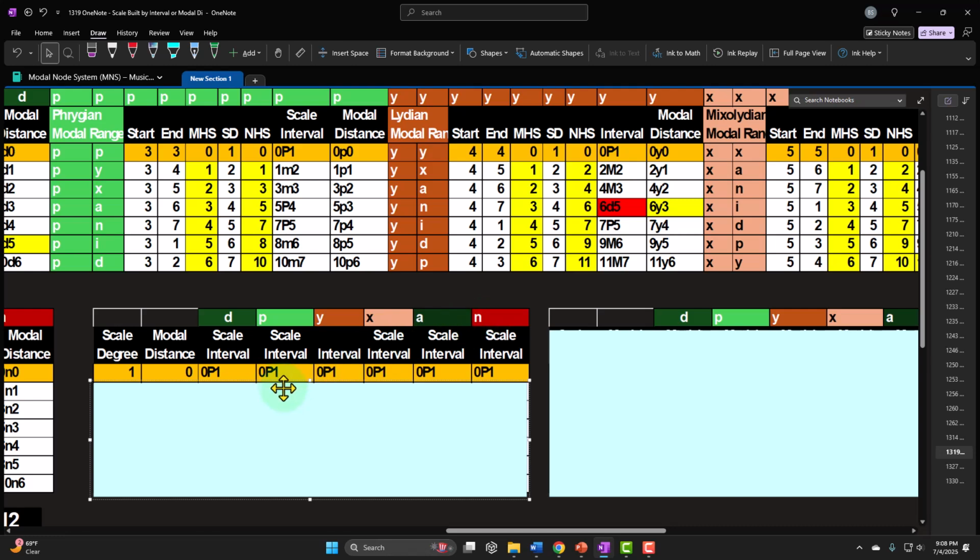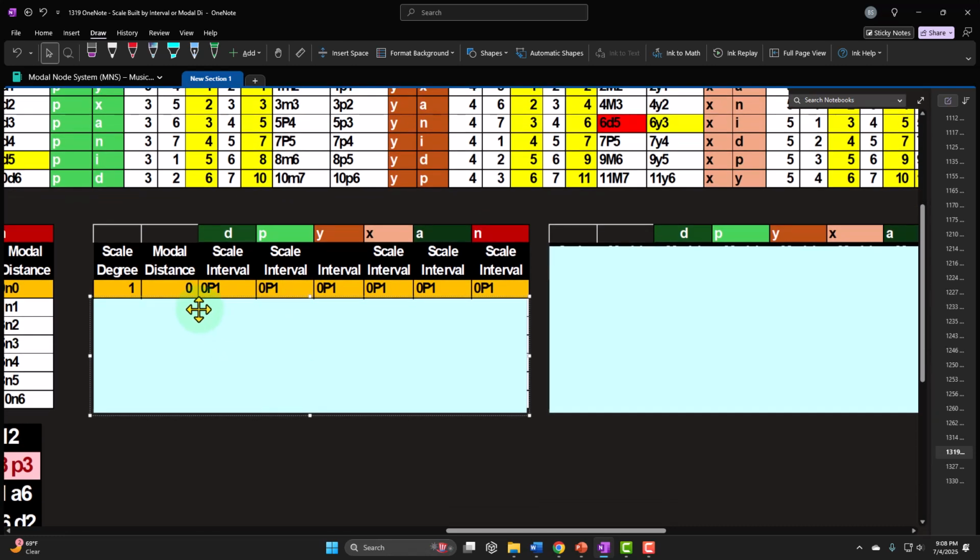Now I'm looking at them by the normal naming convention. So you have a perfect first all the way through. Of course, when you go 1 continent up, the Phrygian has a 1 note away distance. The Lydian has a 2 note away distance. The Mixolydian has a 2 note away distance. The Aeolian has a 2 note away distance, and the Locrian has a 1 note away distance.